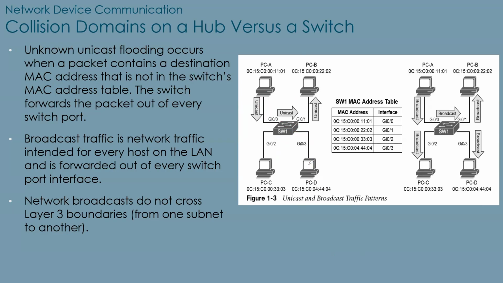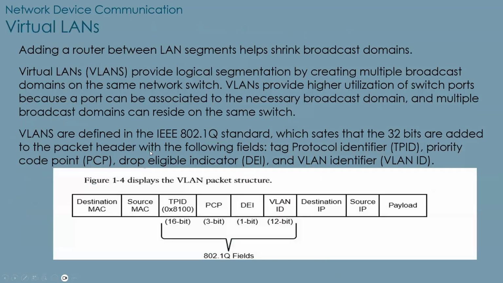But if you don't know the destination, then what will you do? You will do the broadcast. Broadcast means the packet will go to all the PCs, and whichever PC knows, oh, this is my MAC address, will start the unicast in response to the broadcast, right? Any doubt on this? No, sir. All right, so this is very much like layer 2 communication.